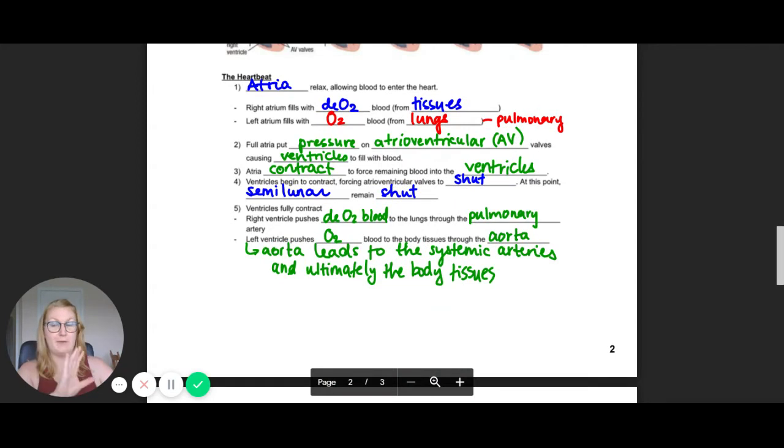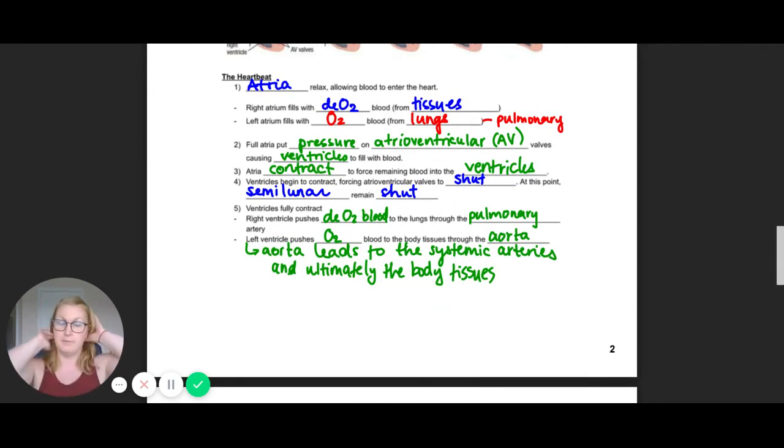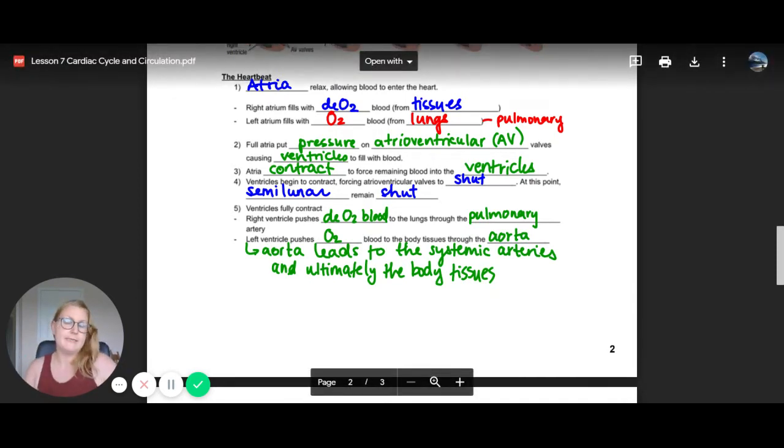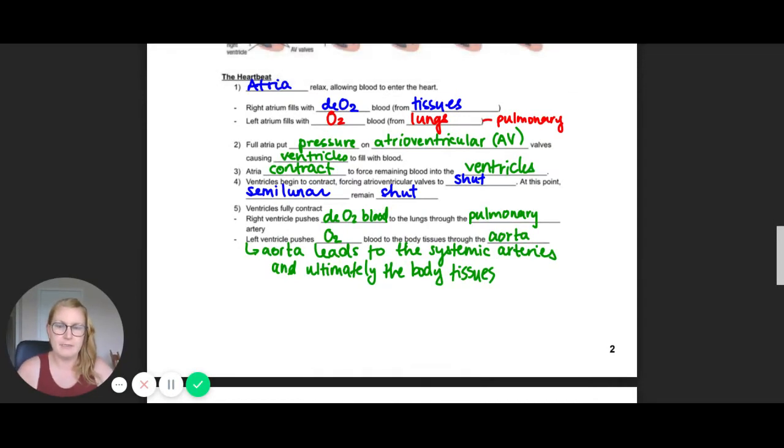Now, in step 5, you're going to have the full contraction of the ventricles, the right ventricle pushing deoxygenated blood to the lungs through the pulmonary arteries, left ventricle pushing oxygenated blood to the body tissues through the aorta. I mentioned previously on the diagram on the front, the aorta will lead to the systemic arteries and ultimately to those capillary networks that we mentioned in lesson 6 as well.